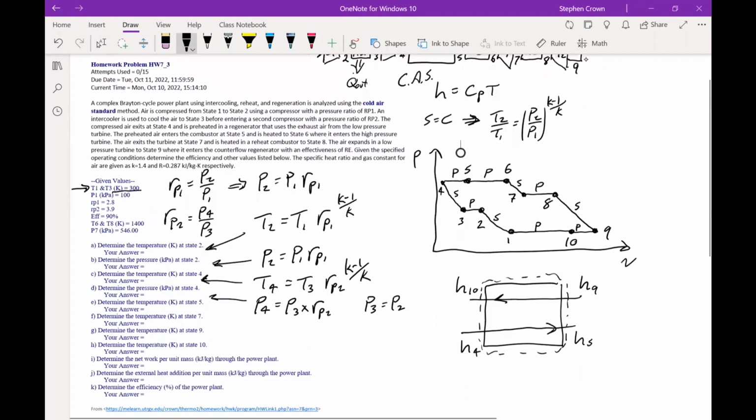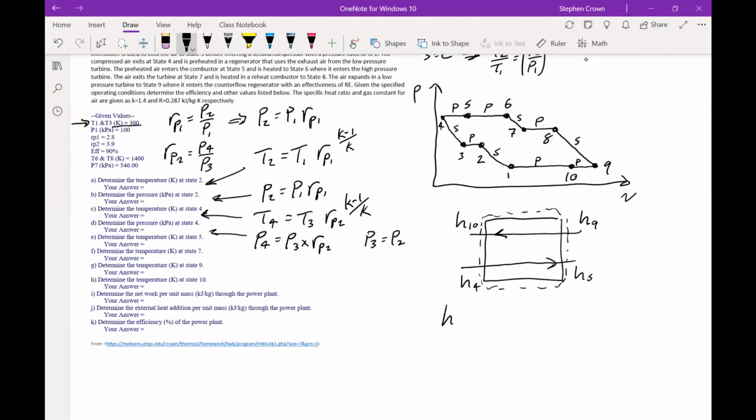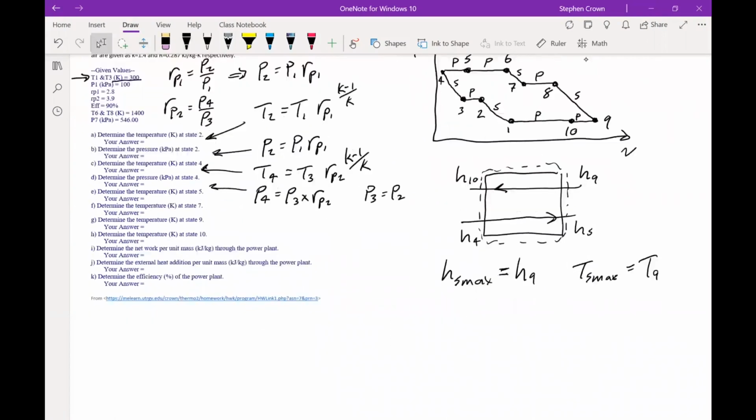So the maximum enthalpy, H5 max, would be H9, because T5 max would equal T9. The hottest temperature we can get state 5 to is temperature 9. And since enthalpy is just a function of temperature, the maximum value H5 could get to is H9.